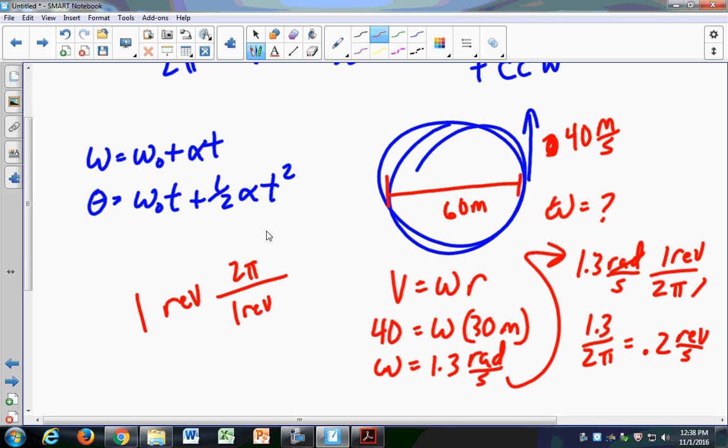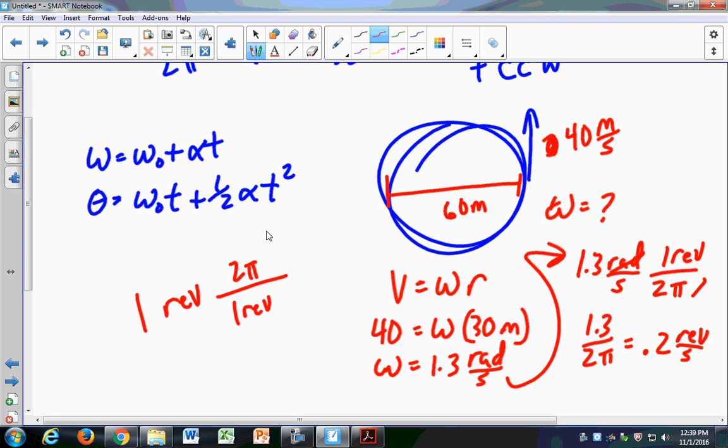Yeah, that's 0.2. 1.3 over 2 pi. Be careful. I said this to my in-class section, because on your calculator, about a half dozen people have made this mistake. This calculation is going to come up where you divide by 2 pi. You do 1.3 divided by parentheses 2 pi. Otherwise, you're doing 1.3 divided by 2, which is like 0.6 something, times pi.